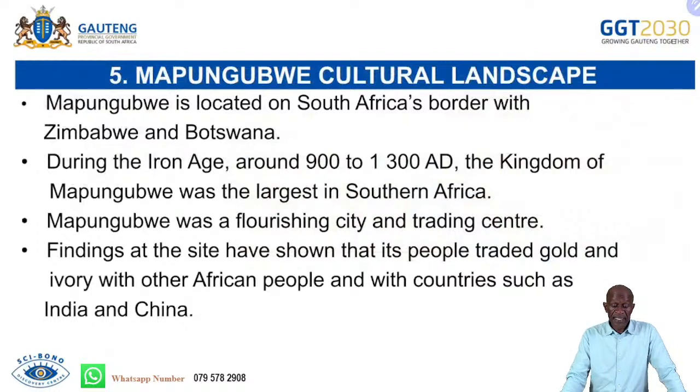And it is said during the Iron Age, that is the period between 900 to 1300 AD, the kingdom of Mapungubwe was the largest in South Africa. It was the largest kingdom, or an area that was ruled by a king, in southern Africa.